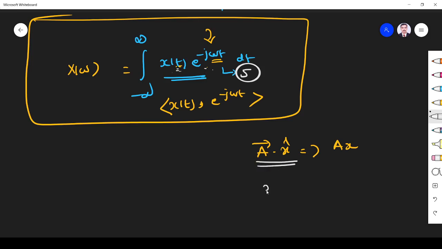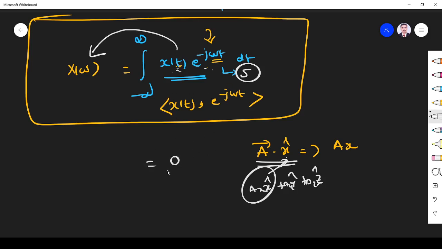Even though A has x, y and z components like Ax, Ay, Az, it will give only one value, others are 0. Like that, only if that frequency is present, that value will be available. If that frequency is not present, the total function will become 0.